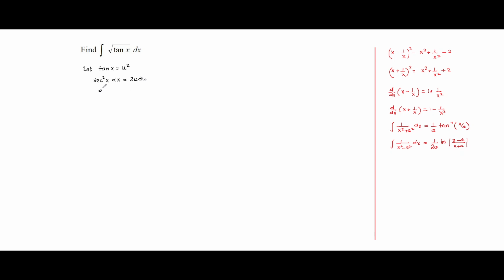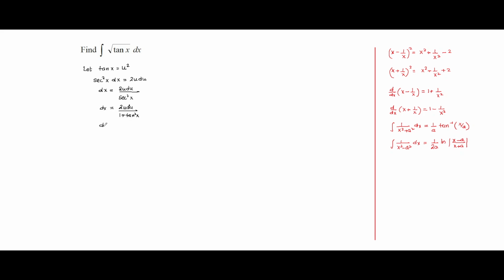Now to get dx, dividing both the sides by sec square x, we get 2u du over sec squared x. But we know sec squared x can be written as 1 plus tan squared x. So we write 1 plus tan squared x in place of sec squared x.